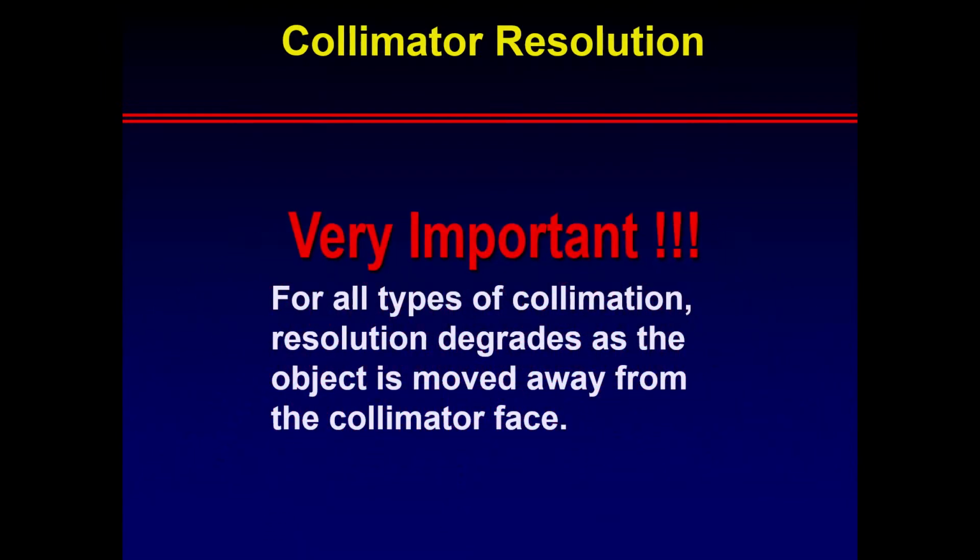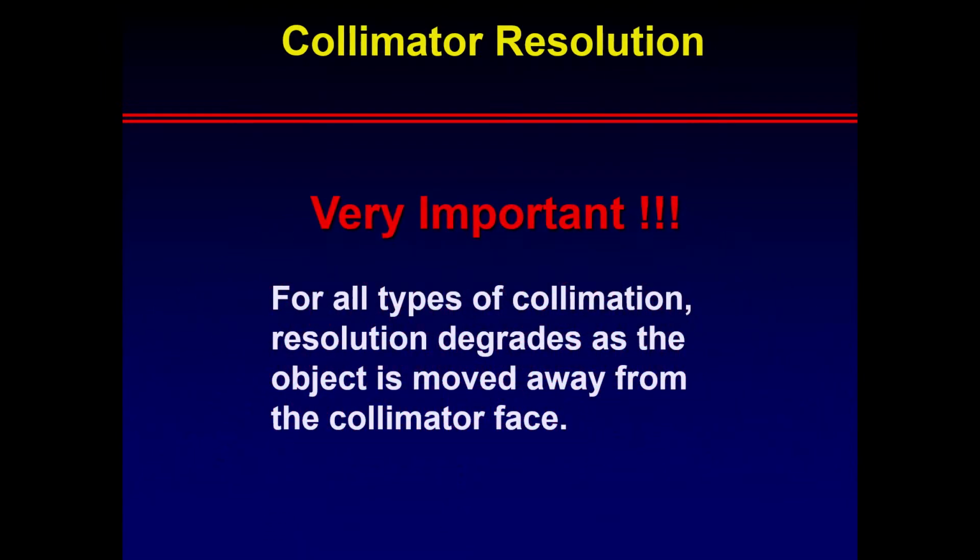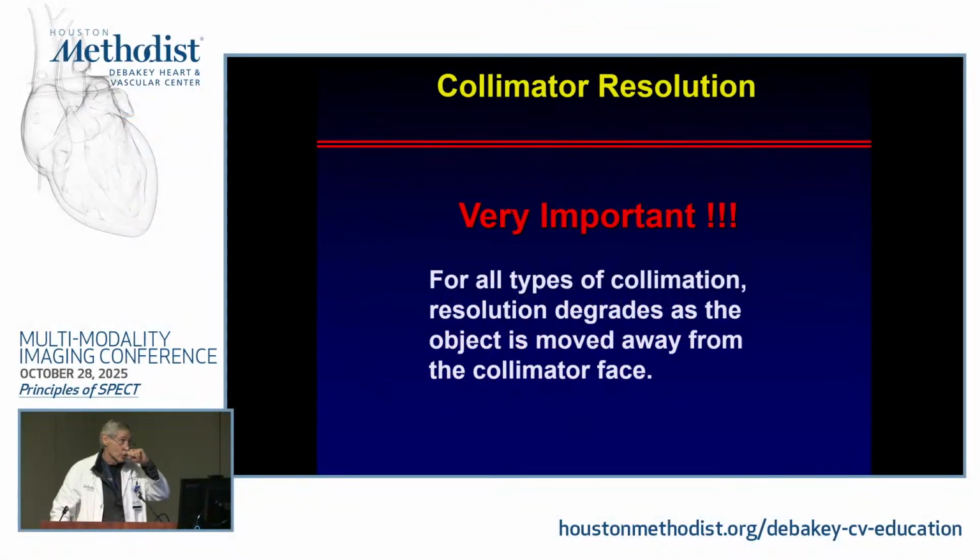So again, for all collimation, resolution degrades as the object is moved farther away from the collimator source. So when we image patients, it's absolutely imperative that we get them very close. In fact, just think about it. You have better resolution of the anterolateral wall of the heart than you do the posterior wall of the heart, because the posterior wall of the heart, irrespective, is going to be deeper and further away from the collimator than the anterior wall of the heart.